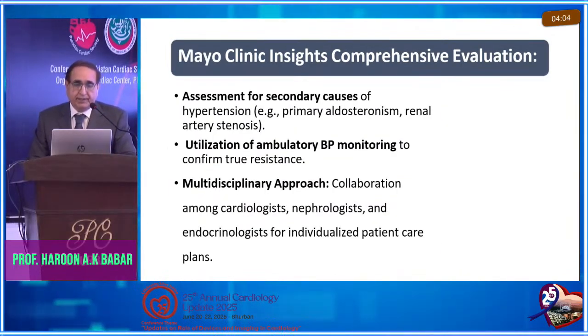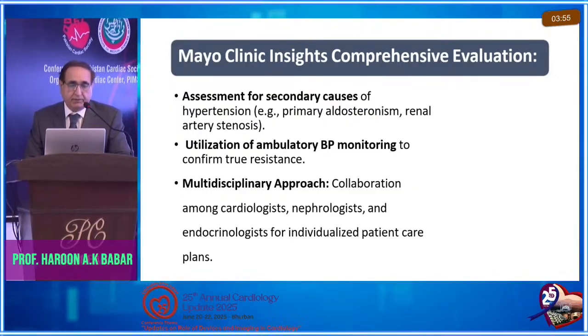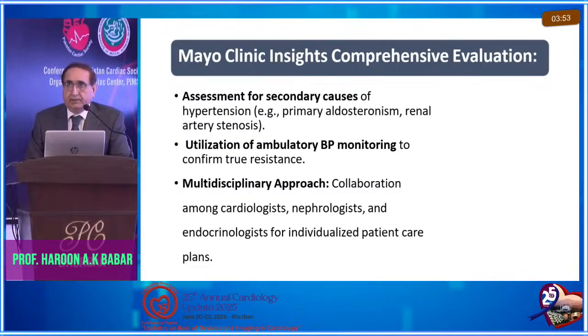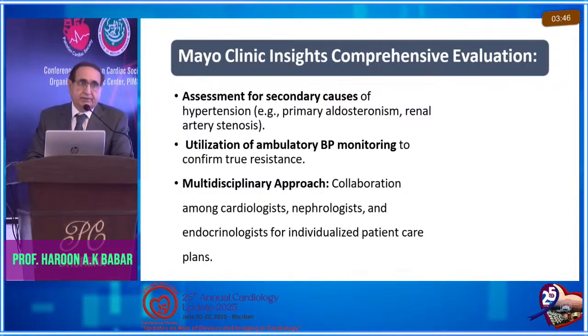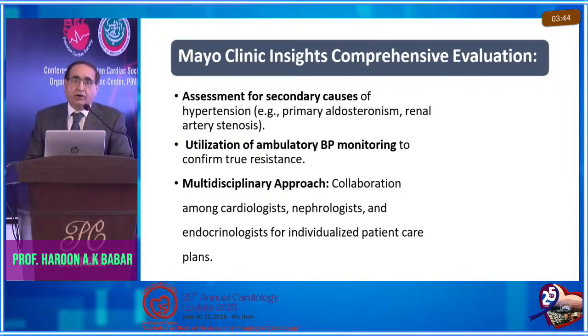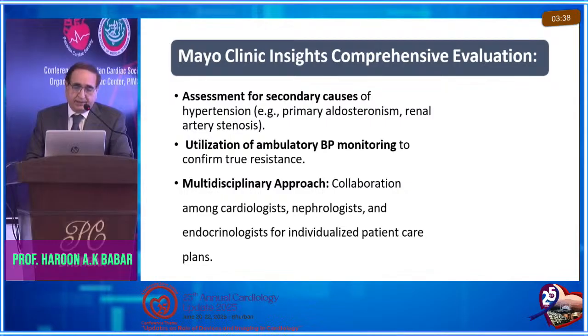Then the Mayo Clinic insights: comprehensive evaluation, assessment for secondary causes of hypertension, and ambulatory BP monitoring to confirm true resistance, because we come across a lot of pseudo-resistant patients, patients not adhering to the drugs, and so on. And a multidisciplinary approach, with collaboration among cardiologists, nephrologists, and endocrinologists for individualized patient care plans.